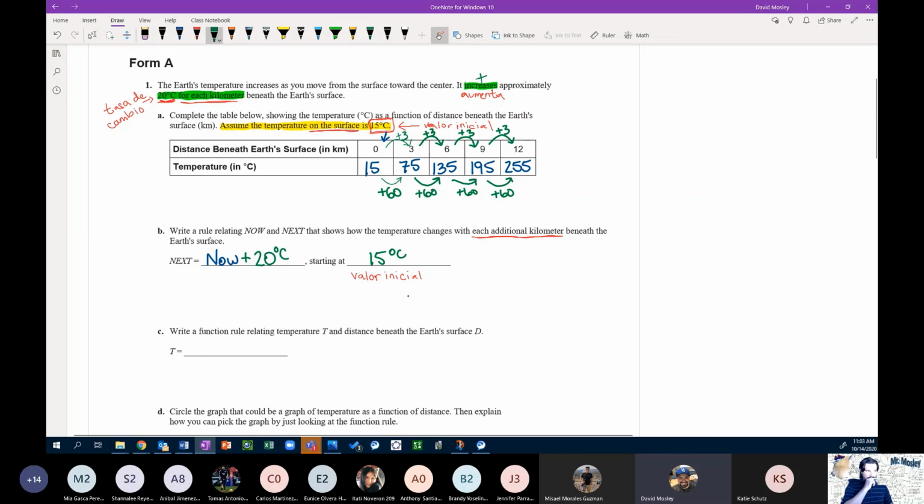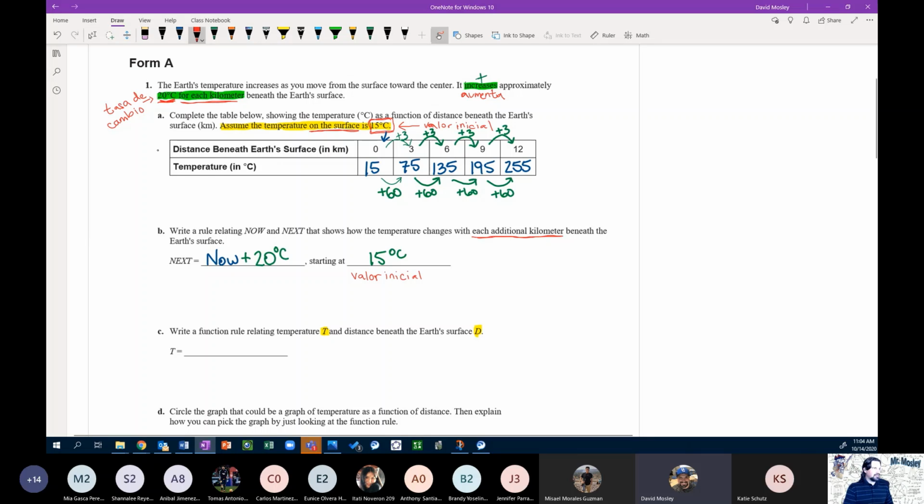So then we get to part C, which is write a function rule relating the temperature T and distance beneath the Earth's surface D. Okay, we're being told which letter to use for the variables.